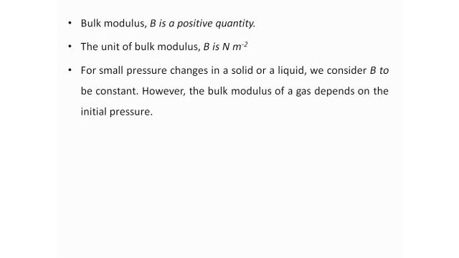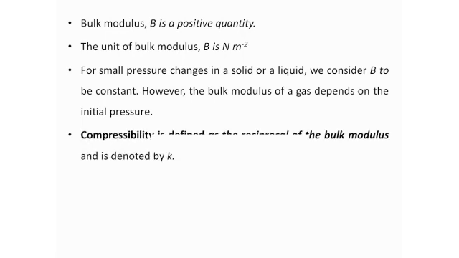I repeat, for a small change in the bulk stress in case of a solid or a liquid, we always consider the bulk modulus to be constant, meaning it doesn't get affected by a small change in the pressure. However, the bulk modulus of a gas depends on the initial pressure of the gas. But for a solid and a liquid, a small change in the pressure doesn't affect the bulk modulus.